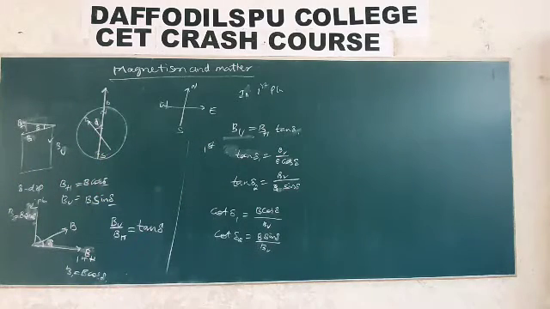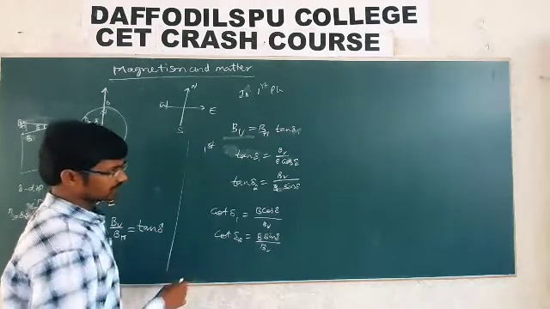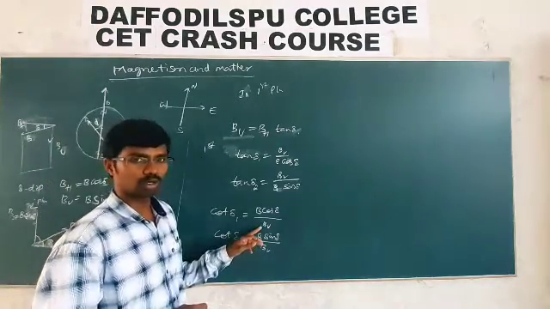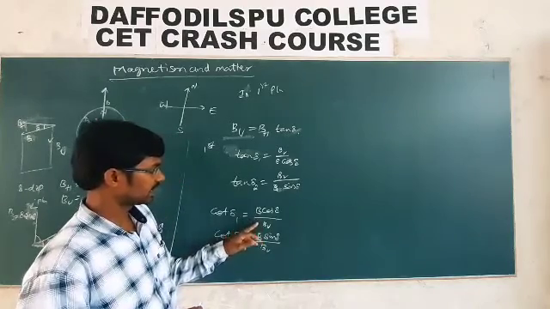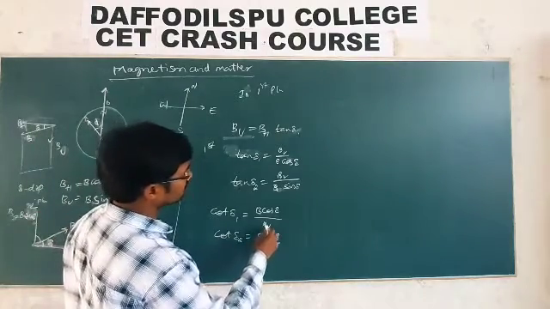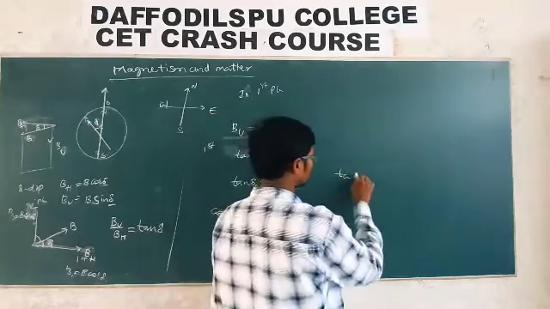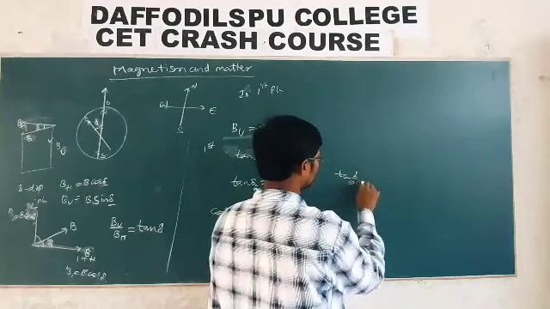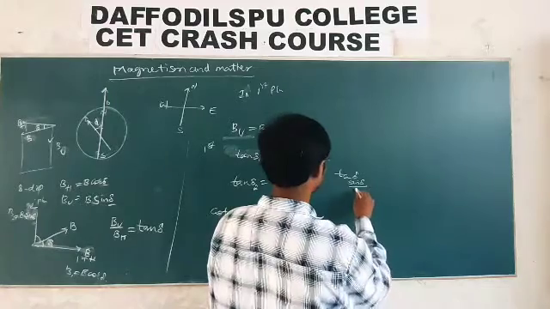Now let us write here. Let us take BV, which is B sin delta, and BV is nothing but BH tan delta. So tan delta is sin delta by cos delta.